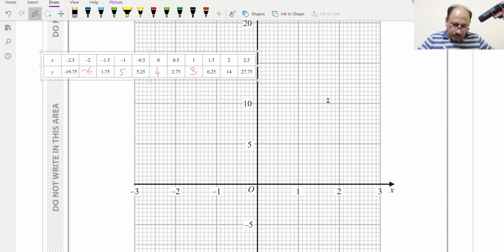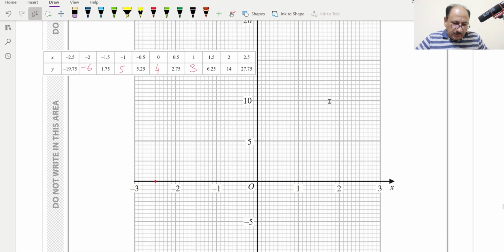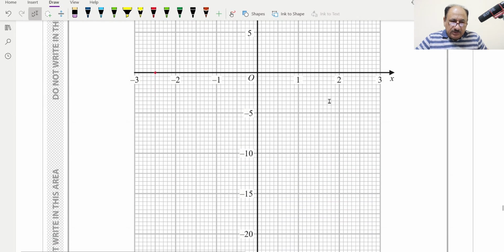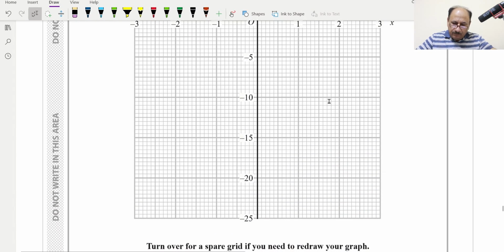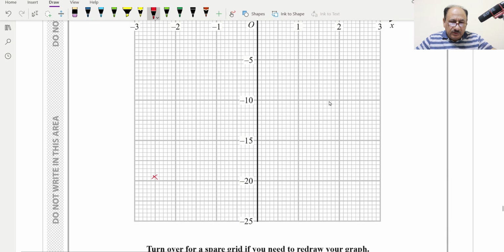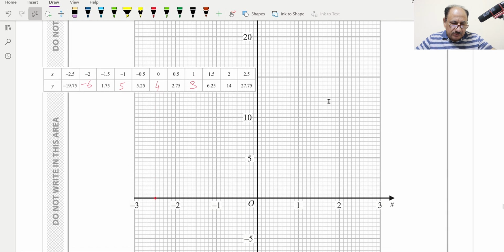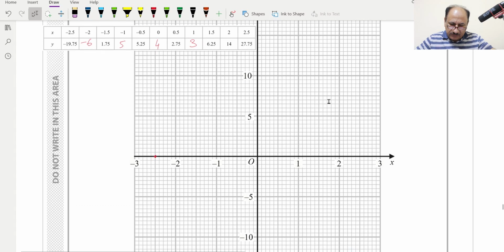Minus 2.5 is this one, and minus 19.75 will be over here. Then we can go for the next, minus 2 and minus 6.